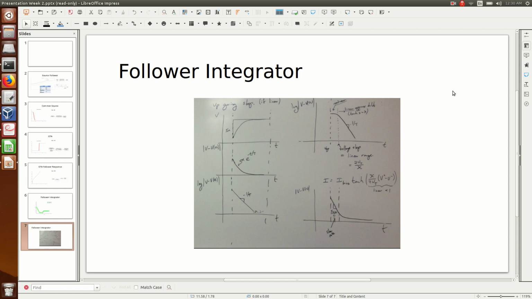So we're only able to calculate the time constant in this way when the current has the tanh form, and the voltages V plus and V minus are close to each other.